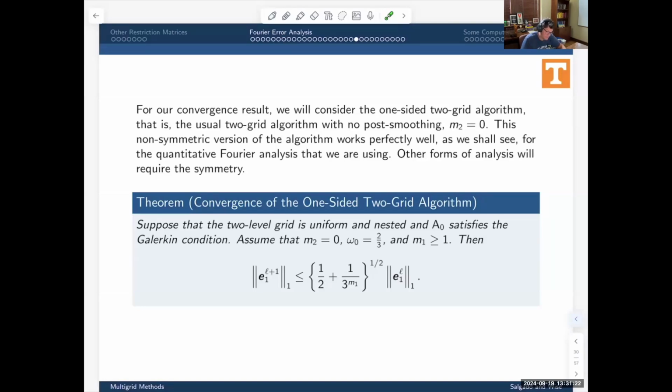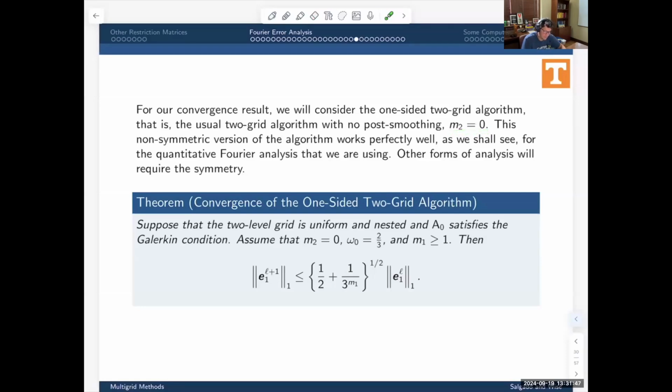The first thing is, let me get out of the way that we're going to use only one particular form of the two-grid algorithm. Remember, in the two-grid algorithm, there was a pre-smoothing step and a post-smoothing step. We're going to shut off the post-smoothing step because it turns out it's not going to be necessary for us. So we set post-smoothing to be 0 by setting M2 equals 0. We don't need it.